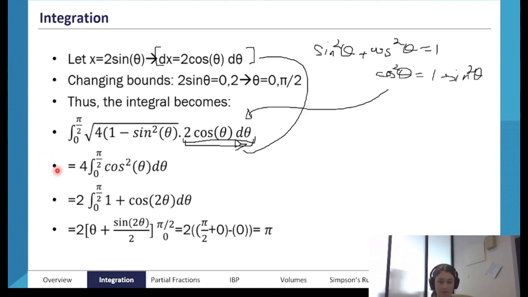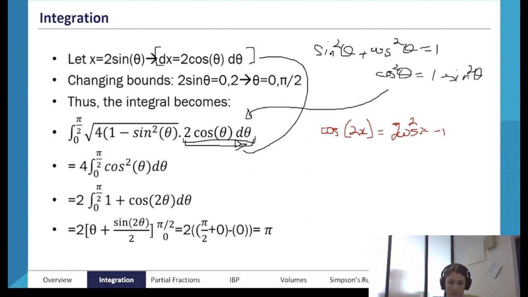So, from here, we still don't want the squared in that cos theta. We need to get rid of the squared, and what we can do is use one of our trig identities to get it down to a cos with a power 1 instead of a power 2. So, the identity that we used was this one here, which is cos 2x is equal to 2 cos squared x take 1.